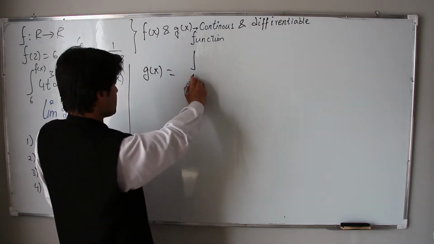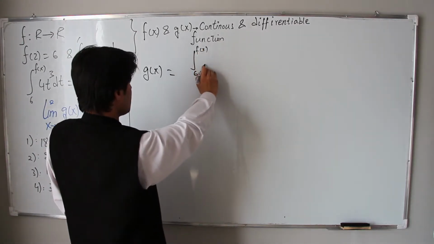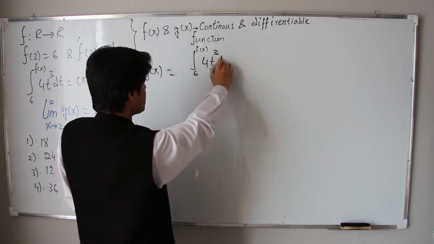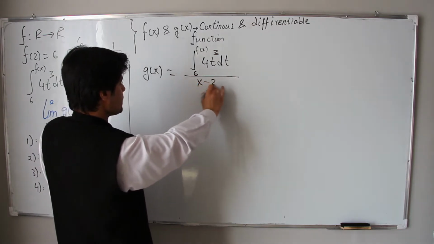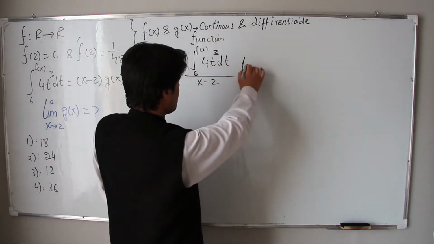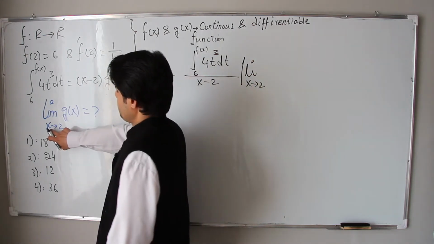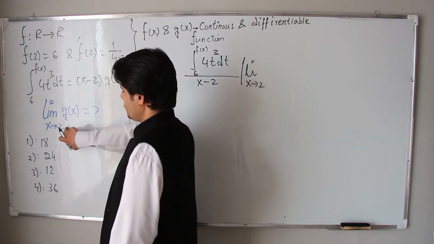It would be the integral from 6 to f(x) of 4t to the power 3 dt, divided by x minus 2. Now we have a limit, so I have to take the limit. Which limit? x going to 2.